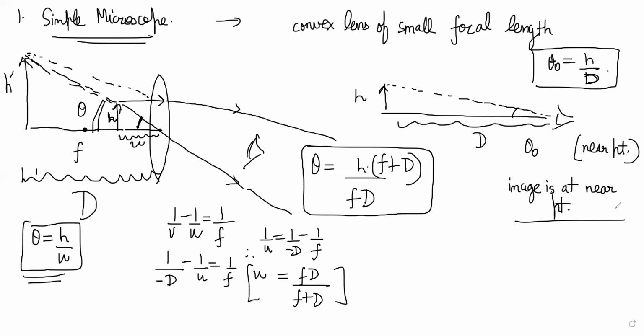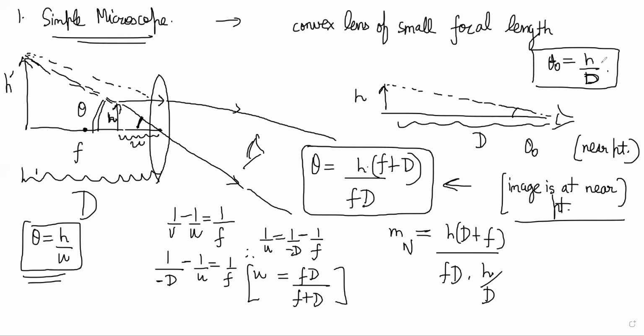In that situation, this is the image size, and the magnification m, let's say, is equal to the image size, which is h(d plus f) by fd, divided by h by d, which is the size without anything.